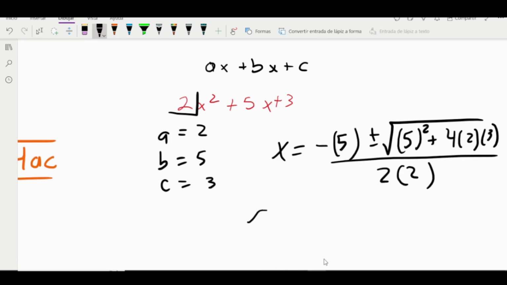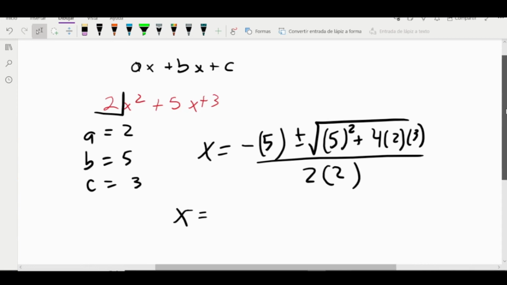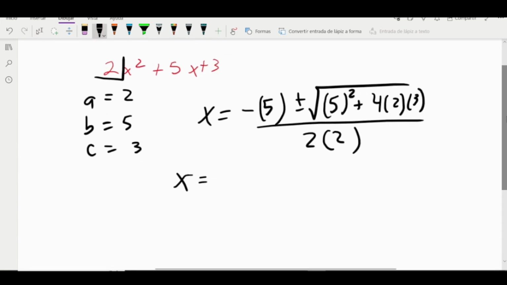But remember, I recommend you start with the situation inside the square root, okay?